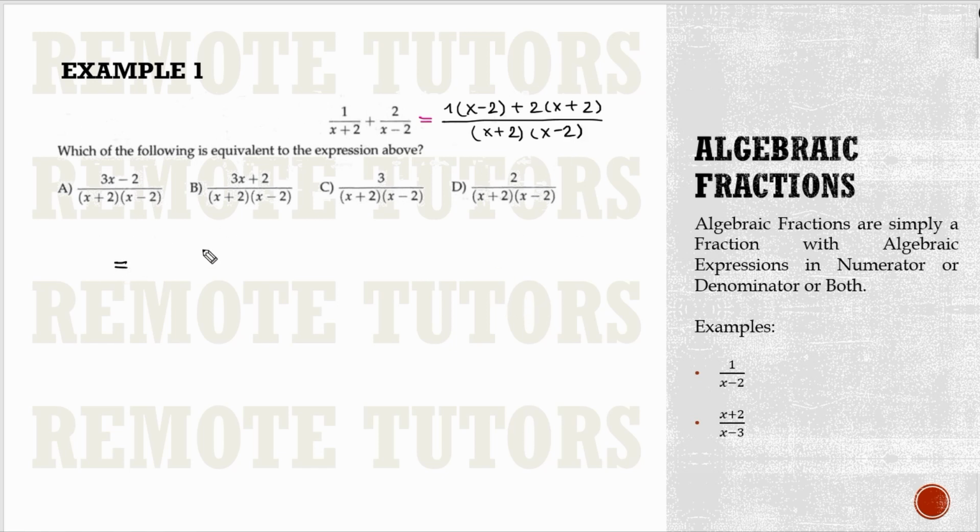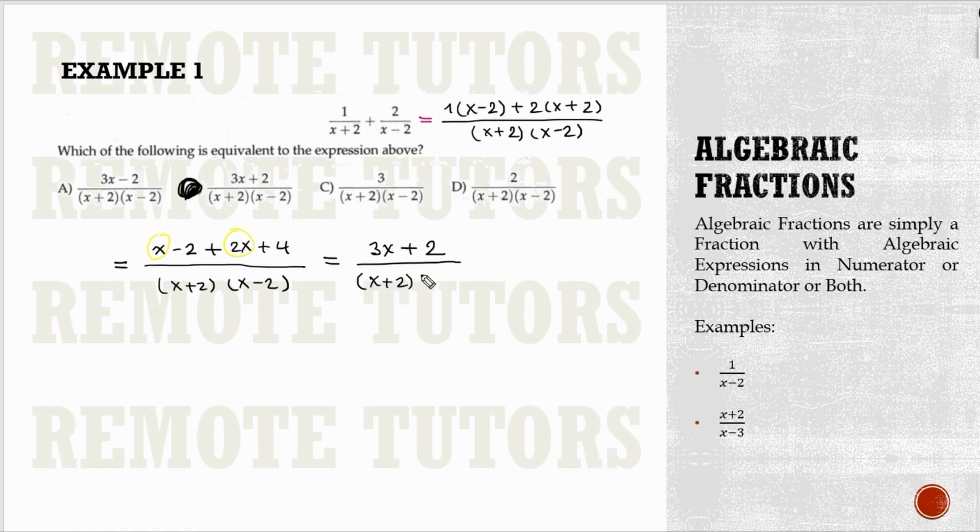Now we will get x minus 2 plus 2x plus 4 divided by x plus 2 times x minus 2. Now we have to simplify the numerator, combine like terms. X plus 2x gives 3x, and minus 2 plus 4 gives plus 2. So see here, the answer must be choice B.